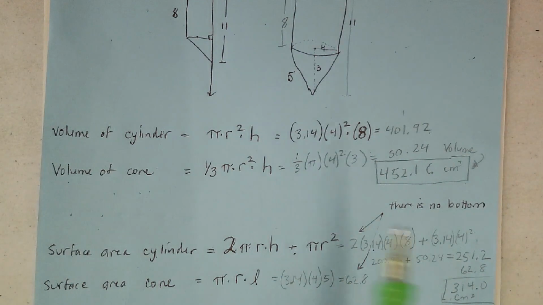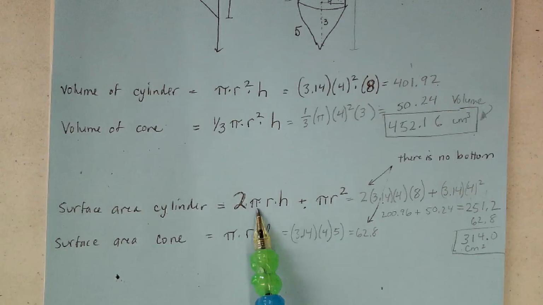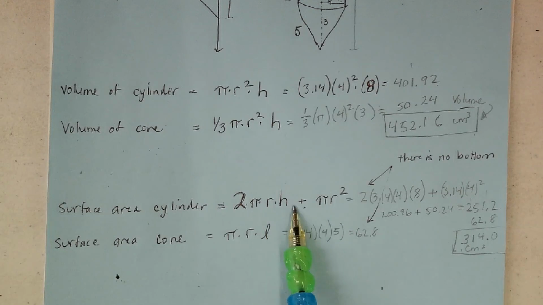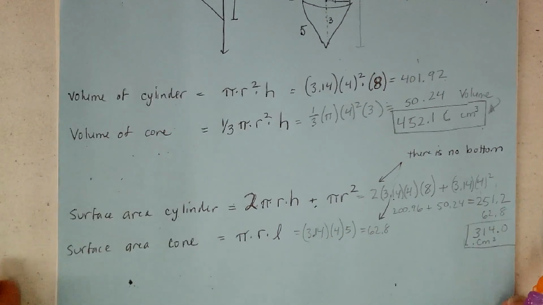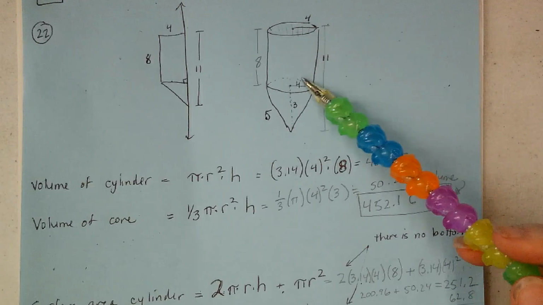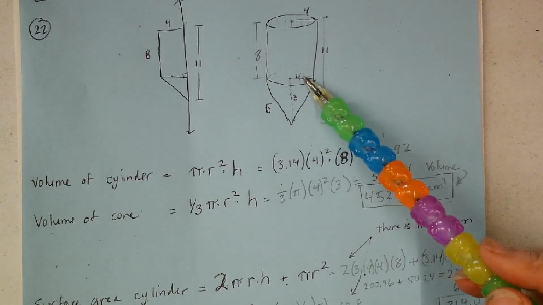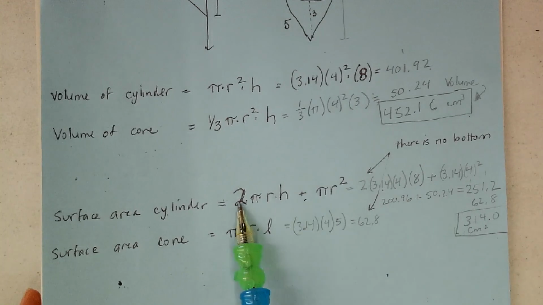So I got 2 pi r h plus, my formula told me 2 pi r squared, but I didn't want 2 pi r squared because there's only 1 pi r squared, because there's no bottom of my cylinder. So I just adjusted the formula.